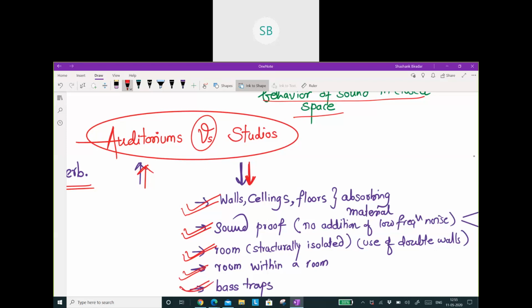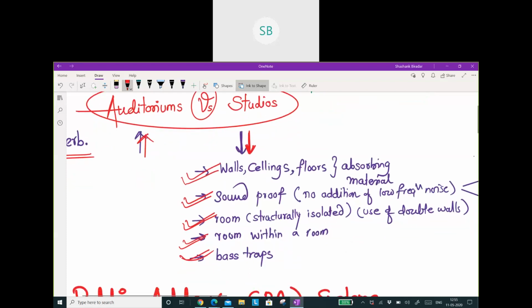So what are the key requirements? For all the inside surfaces of the structure within which we are implementing the recording, all these are coated with good absorbing material. That is the first point. Then, so as to avoid low frequency noise, we are making the studio room soundproof.